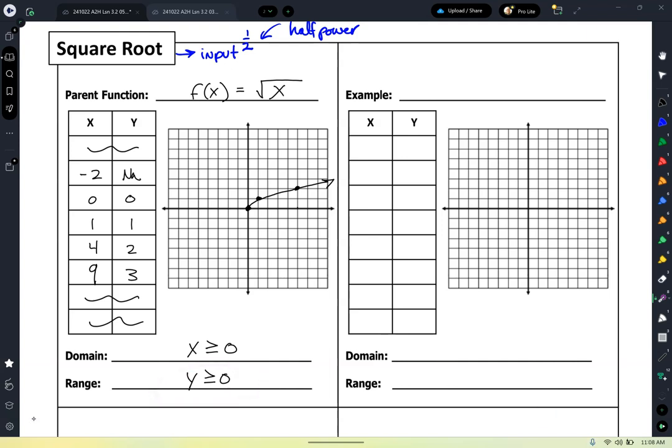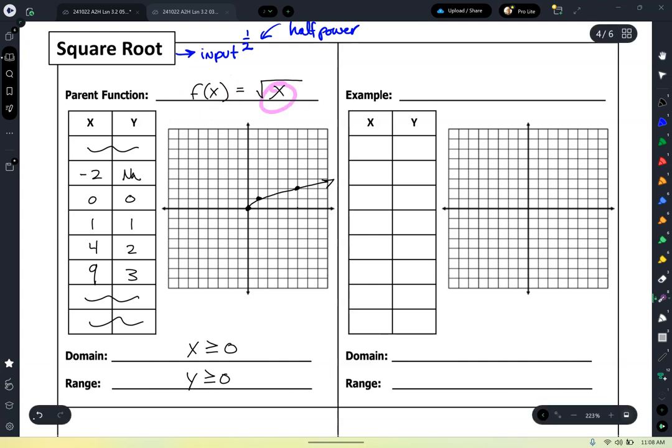Now again, this is not a constant rate of change, so the graph is curved, growing quickly and then leveling off. If you think about it from an absolute value perspective, we also can't end up with a negative output.